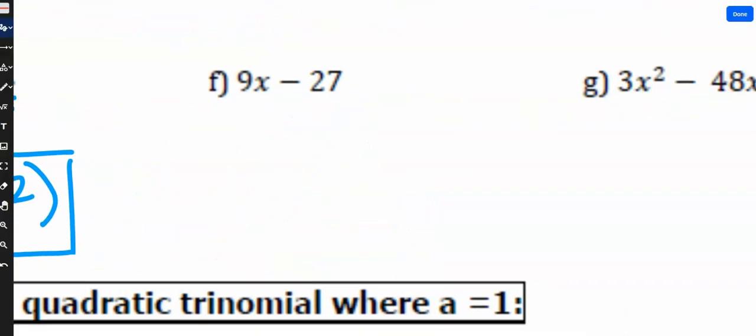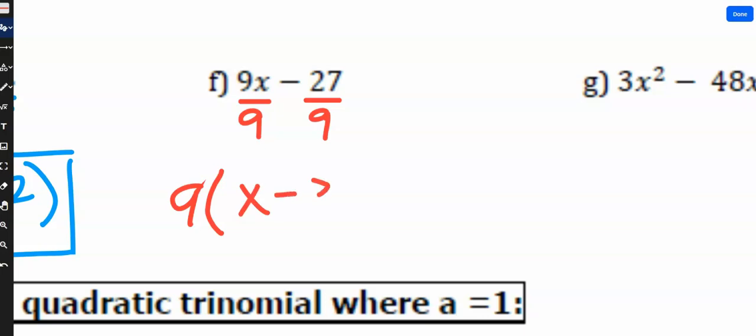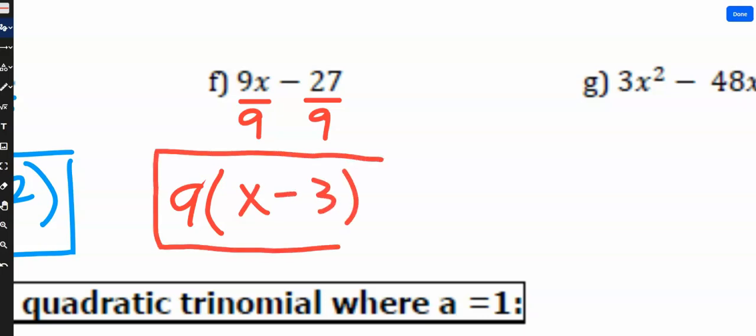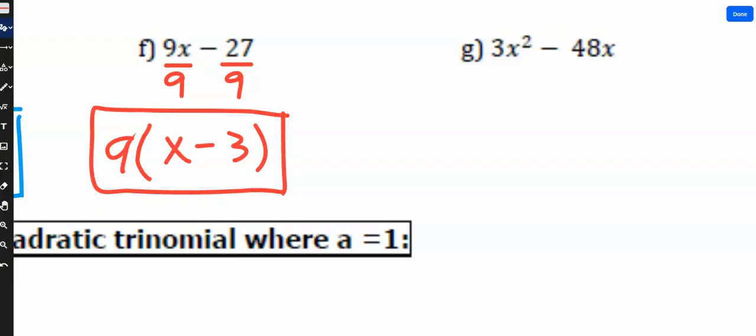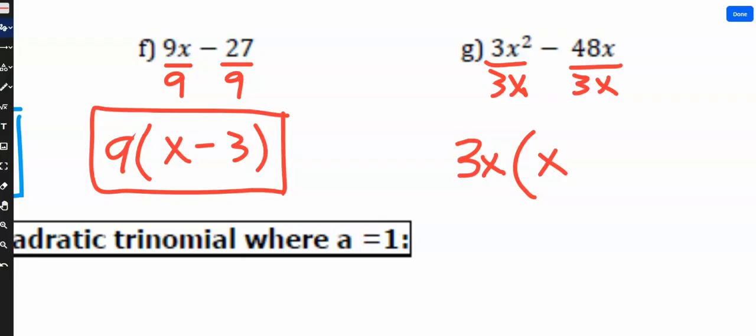On the next one, I can divide each one of these by 9, so 9 comes on the outside, and that's x minus 3. On the next one, I've got 3 and x that can come out of each of those. So 3x is on the outside. And that leaves me with 1x minus 16 on the inside.